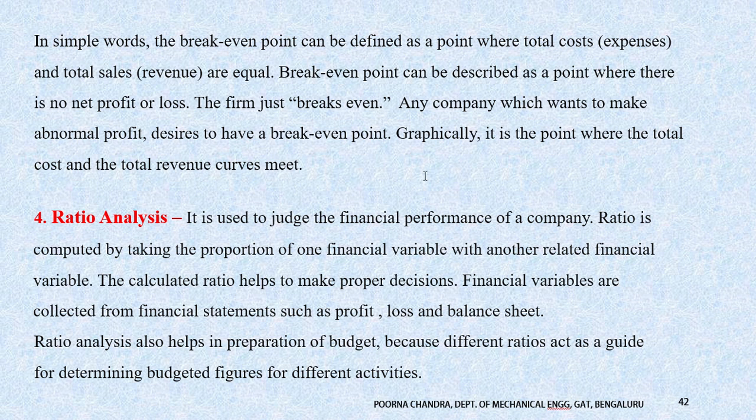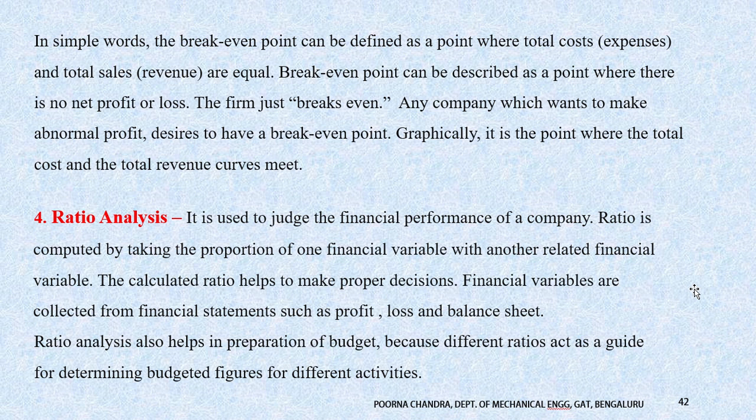And lastly, we have the ratio analysis technique. It is used to judge the financial performance of a company. A ratio is computed by taking the proportion of one financial variable with another related financial variable. The calculated ratio helps to make proper decisions.